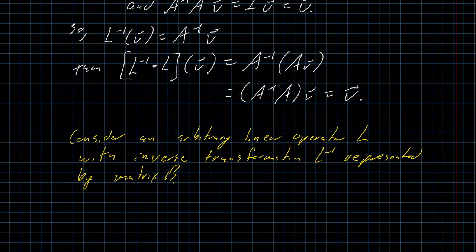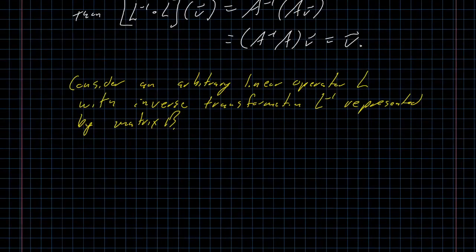What if we took it a little bit further back? Consider an arbitrary linear operator L, which has an inverse transformation L inverse, and we have a different matrix, I'll call it B, which represents L inverse.